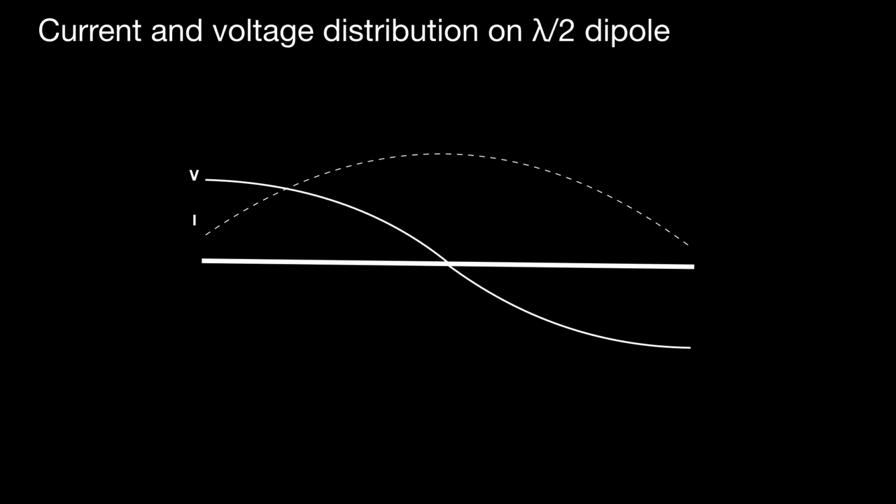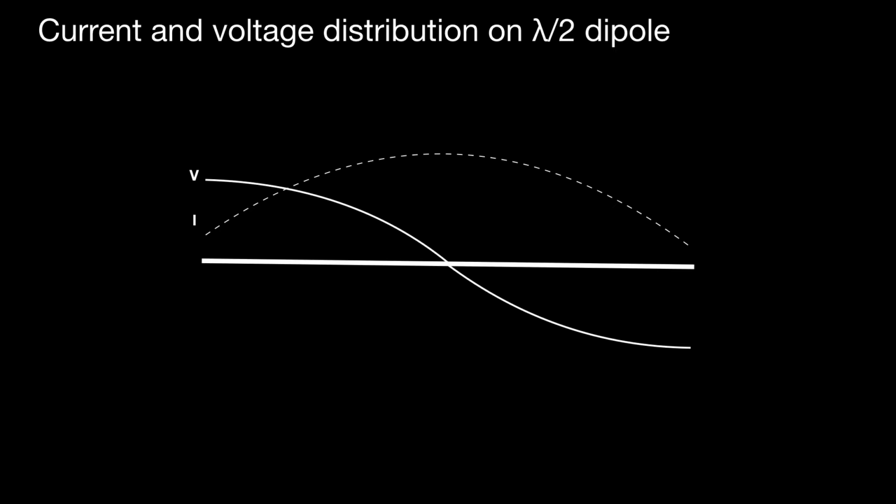Let's have a look at the half-wave dipole. Here's the current and voltage distribution on a lambda by 2 dipole. You can see at the center the voltage is 0, and in this stage of the cycle we've got a positive V and a positive I, and this simply means it's going in one direction for the I in the antenna there.